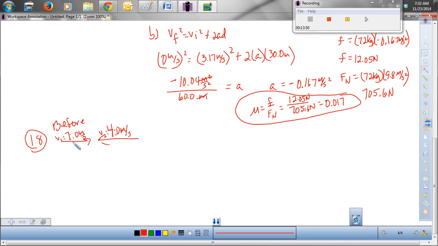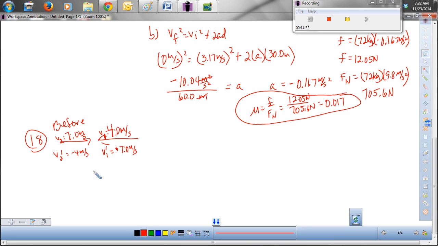So V1 now becomes positive 7 meters per second, because it changes direction and gets the new velocity. So that's my V1 prime, and my V2 prime is now going to become negative 4 meters per second.